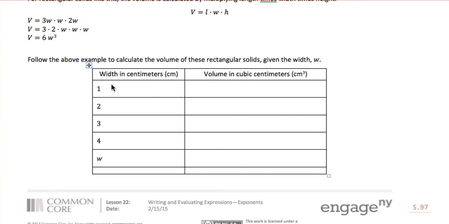So if our width is 1, our volume would be 6 times 1 to the third power. And 1 to the third power is 1 times 1 times 1, which is 1. And 6 times 1 is 6. So our volume is 6 centimeters cubed.